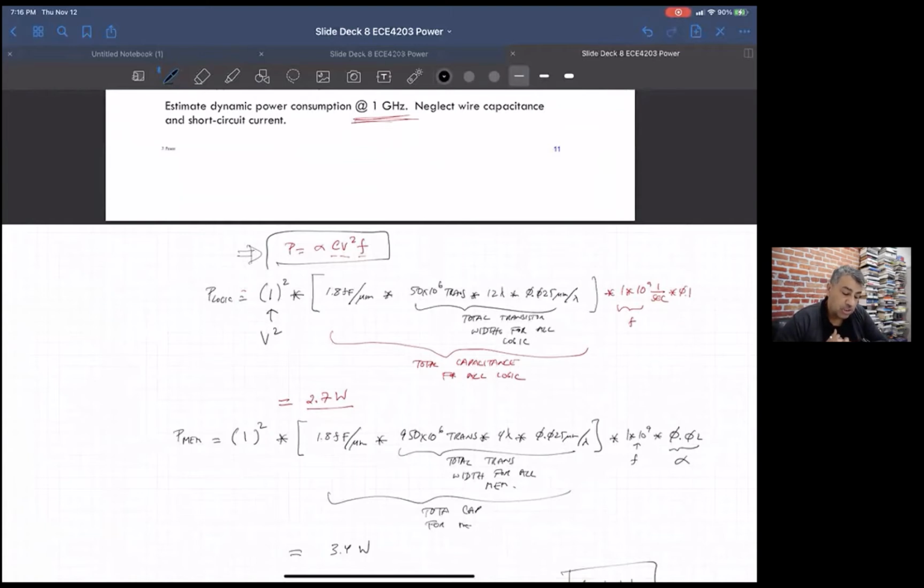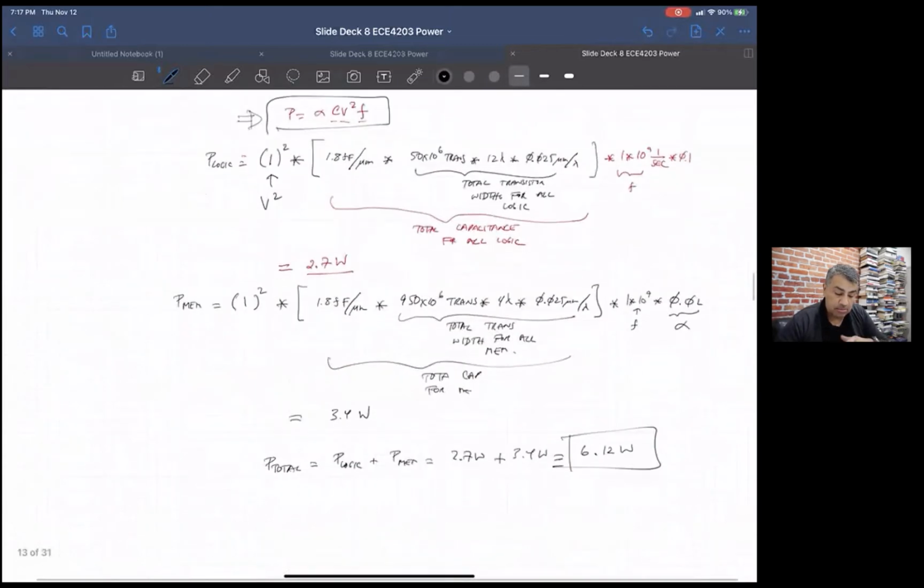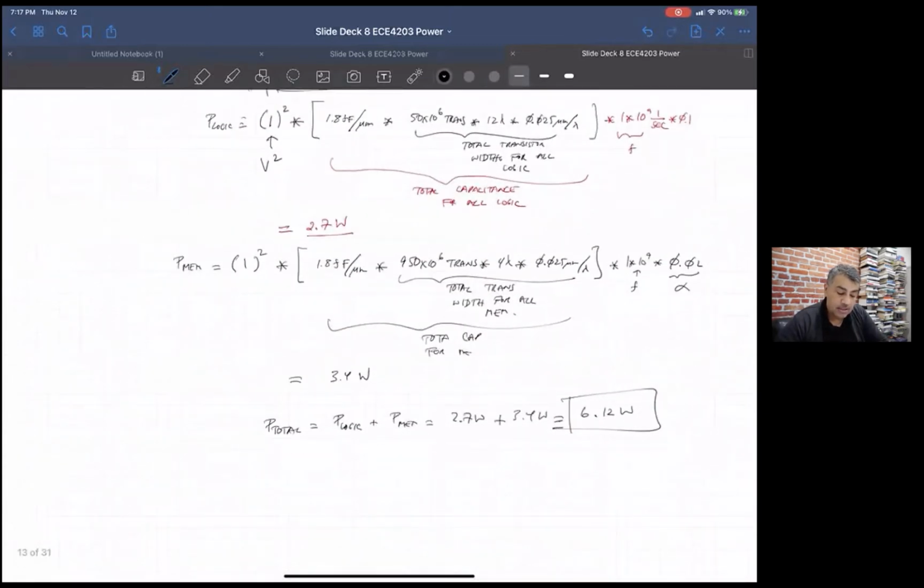Now, what's difficult is trying to manage all these things, because unless you're really careful, this power can really blow up on you. I mean, imagine if the activity factor was like 0.2 instead of 0.02 for the memory. All of a sudden you're at 34 watts for the memory instead of 3.4.